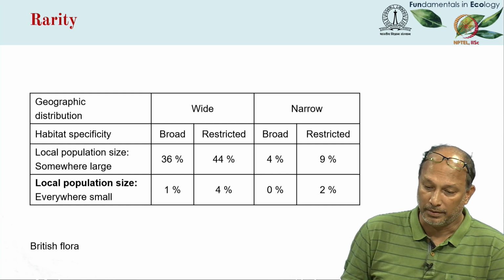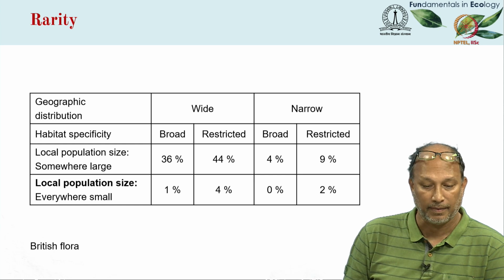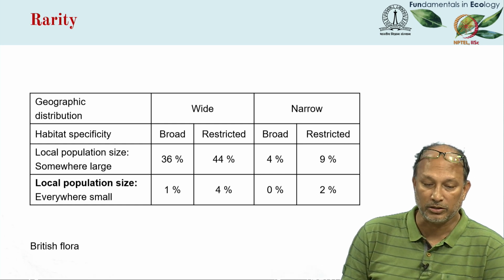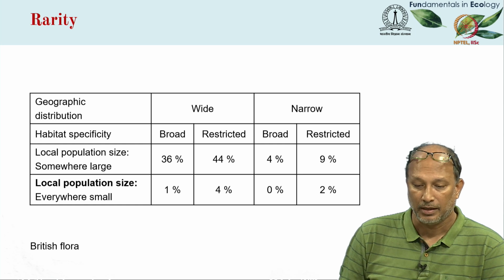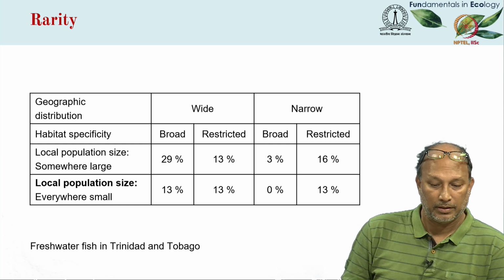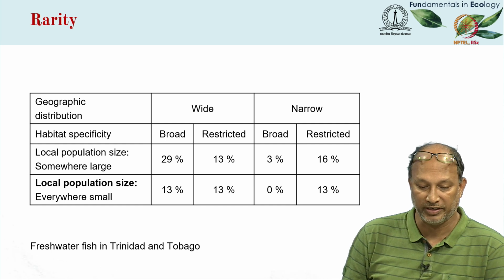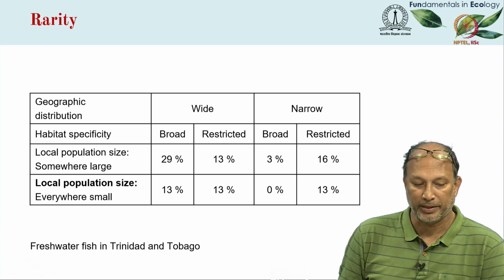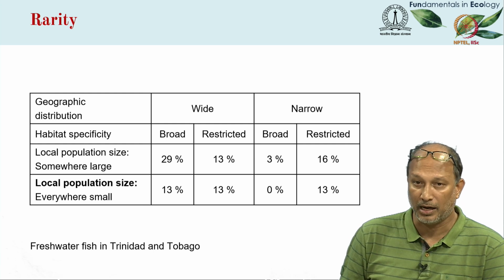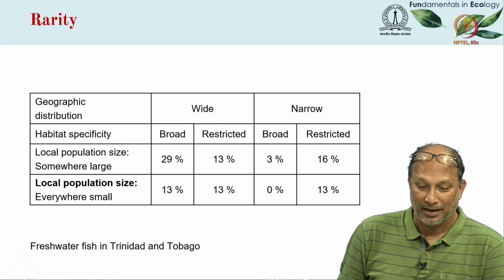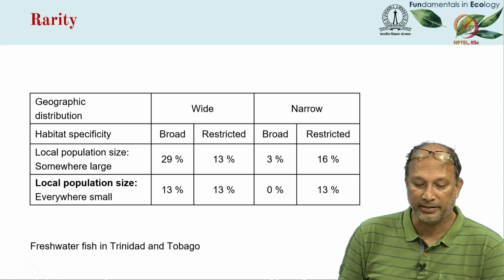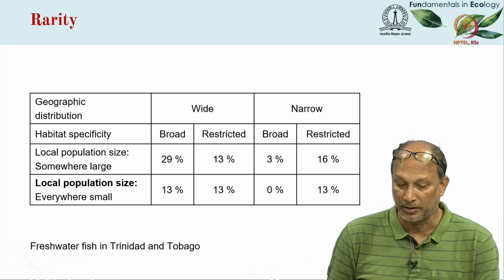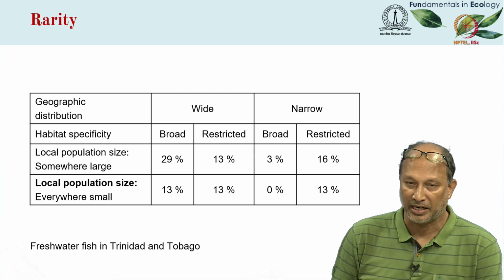Now, you get a smaller proportion of species that have small populations everywhere, for British flora at least, divided across both wide and narrow geographic ranges, and a slightly different distribution of species for freshwater fish, where while you do get broad habitat, widespread species being somewhere large in 29% of the locations, the remaining categories, wide and restricted, have both large populations in some areas, but also 13% of species that are small in population everywhere.